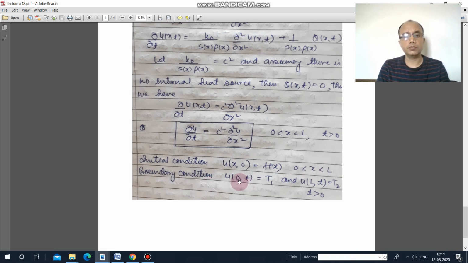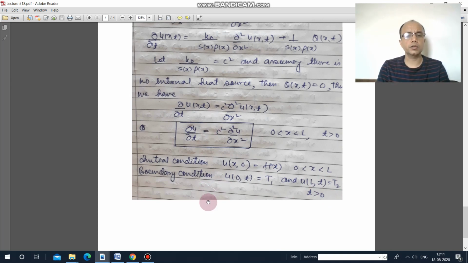One when x equals 0, suppose at that point the temperature is T1, and when x equals L, suppose the temperature is T2, for t greater than 0. So these are the initial and boundary conditions for this one dimensional heat equation.